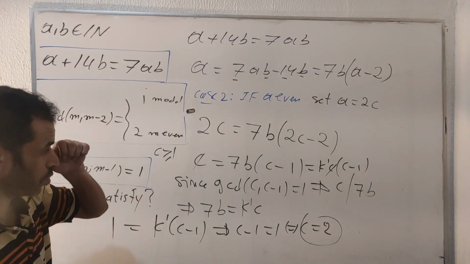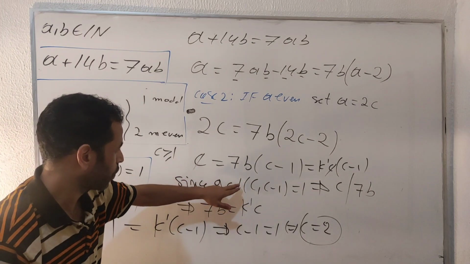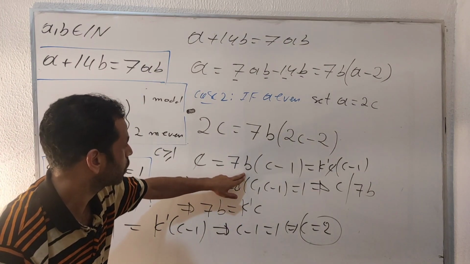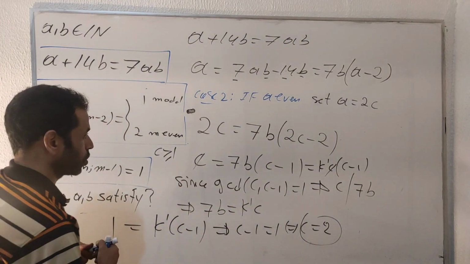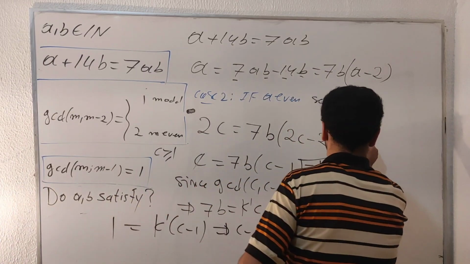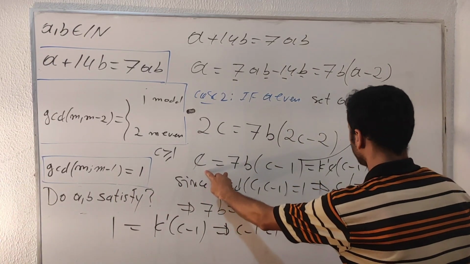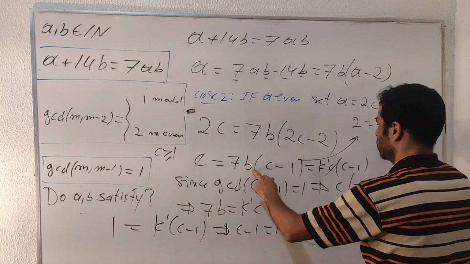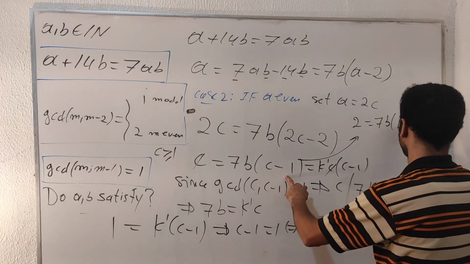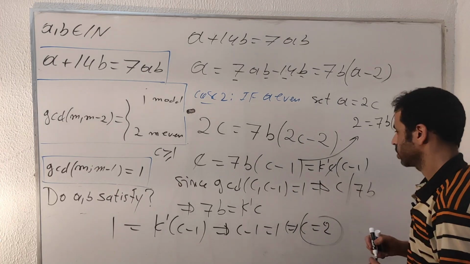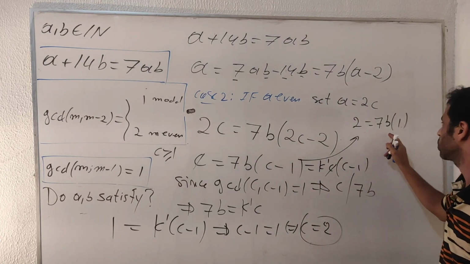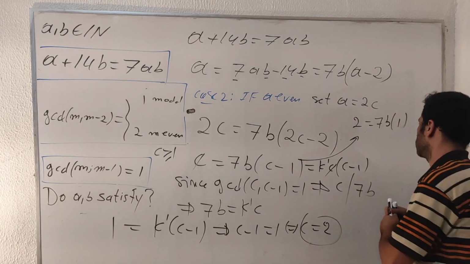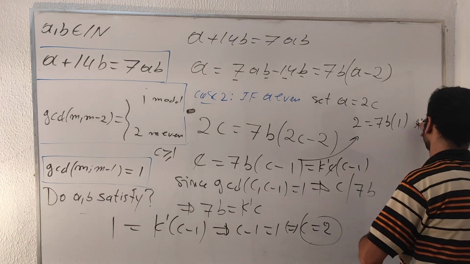If C equals 2, I'm going to find B here. So C equals 2, 7B here, C minus 1, which is 1. I get number 2 equals 7B. It's clearly a contradiction.